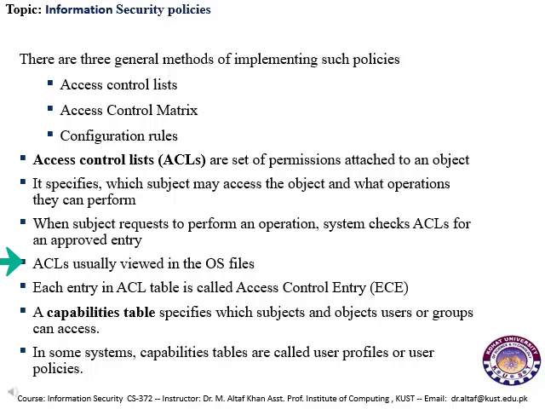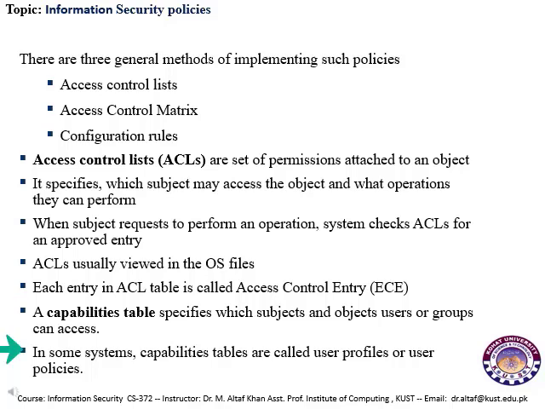ACLs are usually viewed in the operating system files. Each entry in the ACL table is called an access control entry. While discussing ACLs, we have another term which should be discussed right now, and that is capability table. A capability table specifies which subject and object users or groups can access.